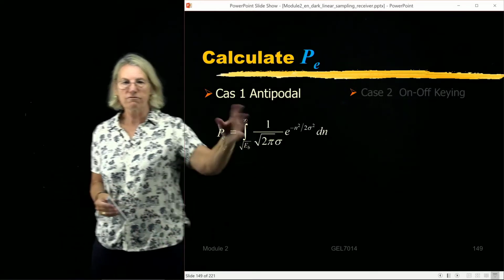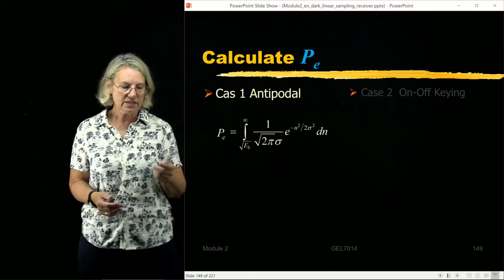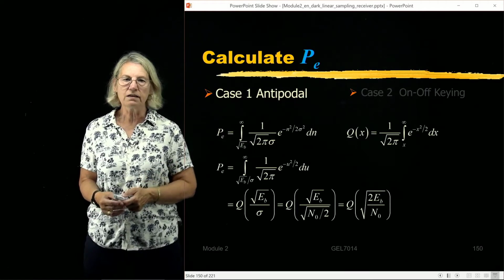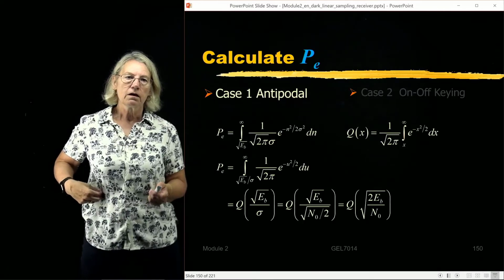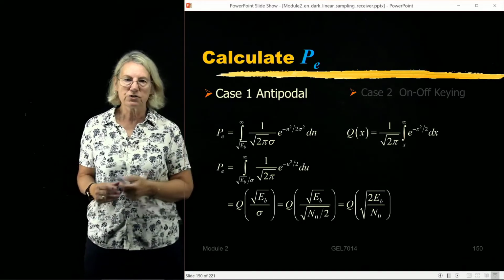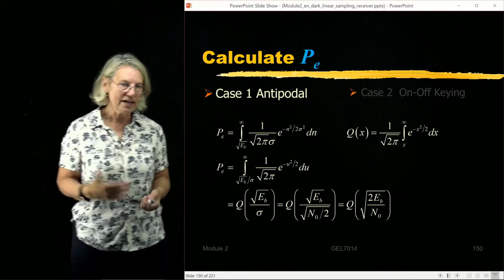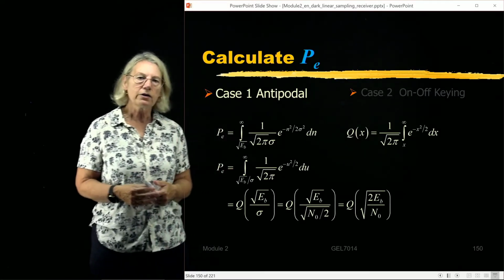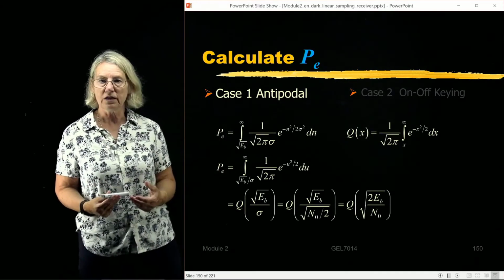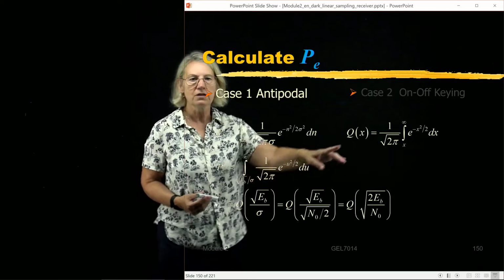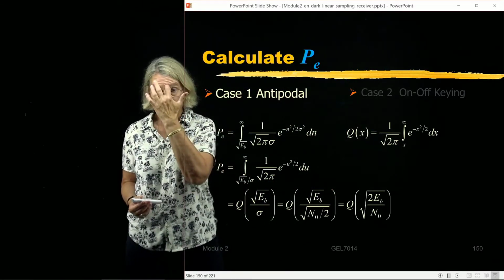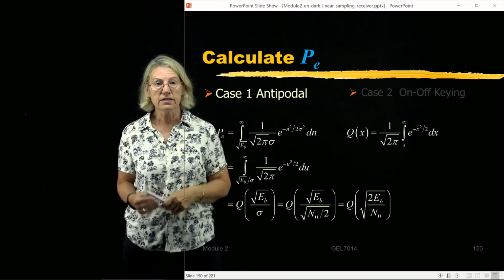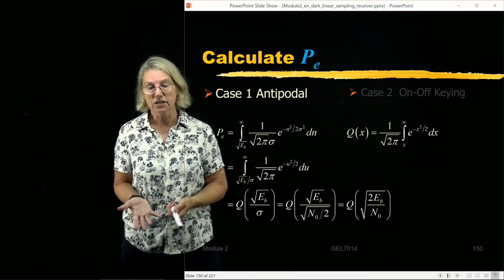So we have the result for the antipodal. Now if we looked at the case for on-off keying, it'd be very similar. But before we go on to the on-off keying, let's just look at the antipodal in another way. I'm going to introduce a function that we call the Marcum Q function, which is found in many textbooks, and it's used particularly in communications.